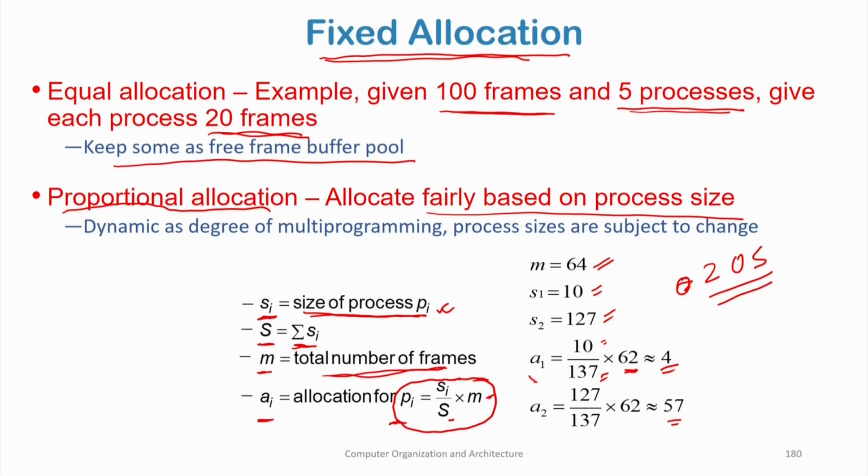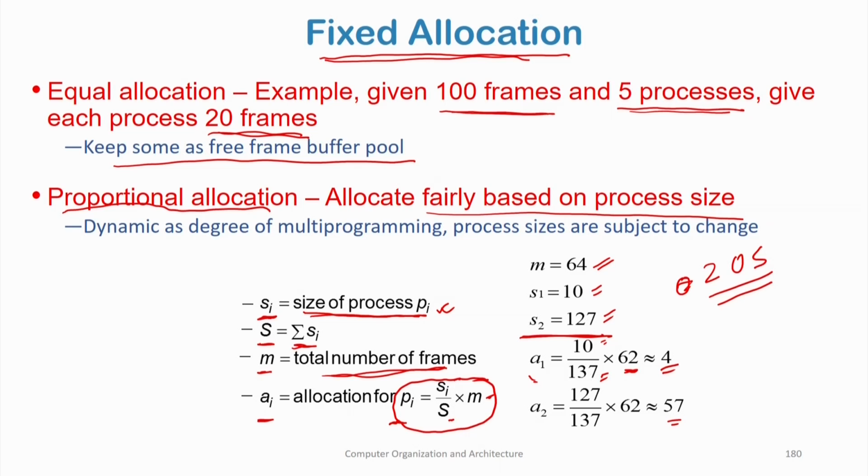Why? Because process P2 has a much larger size, S2 equals 127 pages. So, the number of frames that process P2 is expected to require is much more than P1, because P1 has a much smaller size in terms of the number of pages.